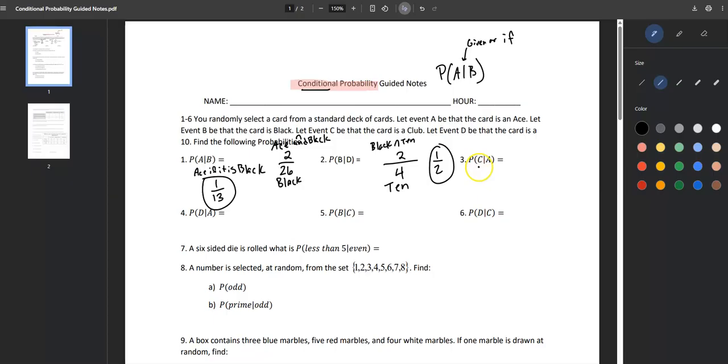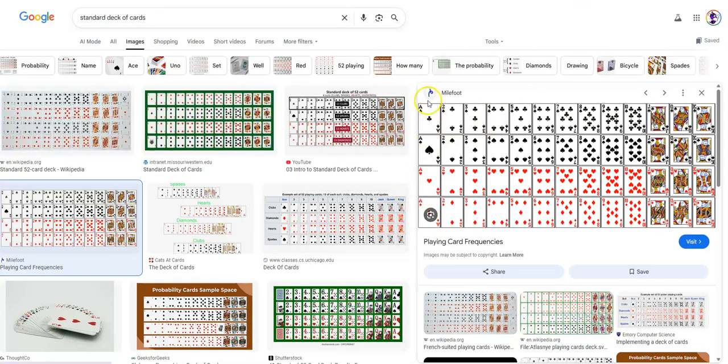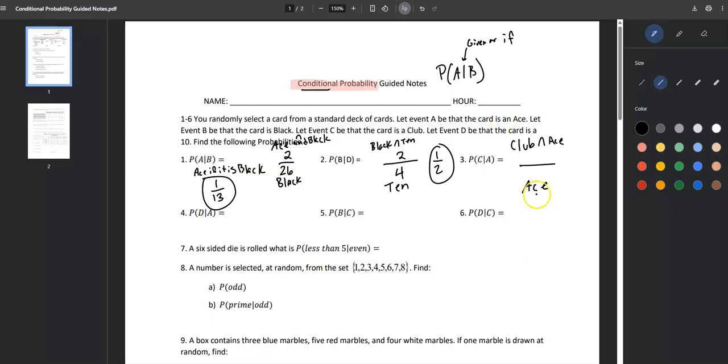Okay, this one's probability of it being a club if it's an ace. I'm looking at just the aces, and I know how many clubs are aces as well. I've got 4 aces, and there's 1 that's a club. So this would be 4 total aces, and 1 of them is a club and an ace at the same time.